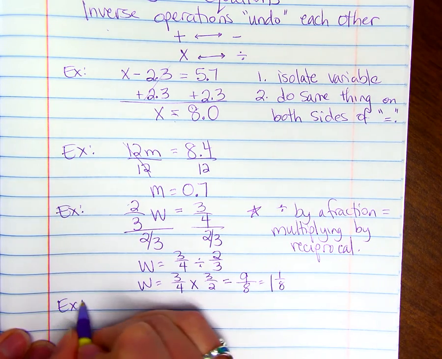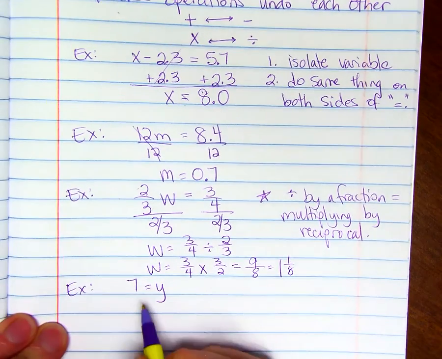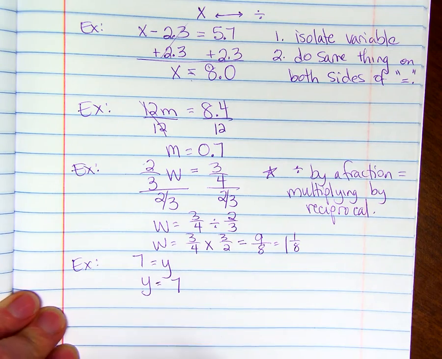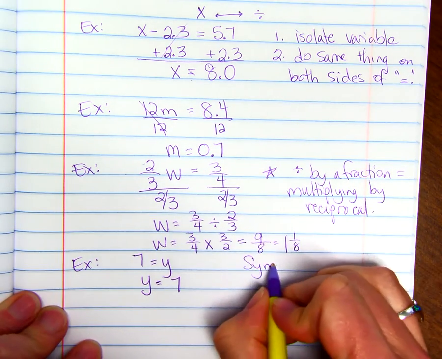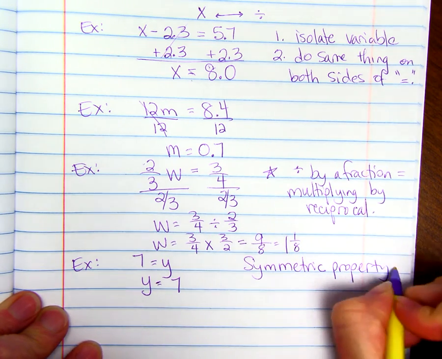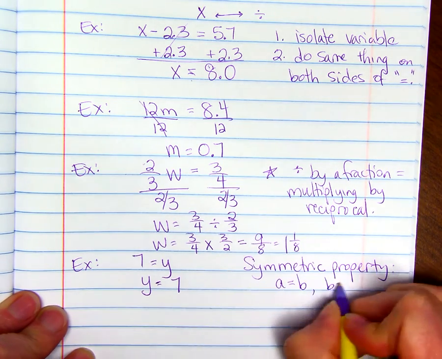Okay, here's a different example. 7 equals y. That also means that y equals 7. Since 7 equals y, then y is going to equal 7. That's actually called the symmetric property. And the symmetric property just says if a equals b, then b equals a.